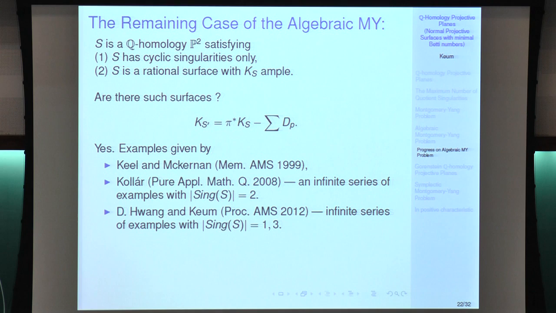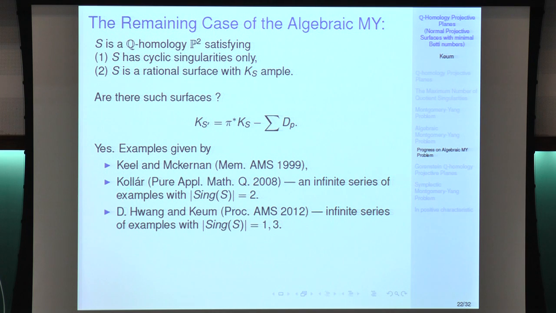There are infinite series of examples with 1 and infinite series of examples with 3, yeah. 2, of course, 2, yeah.